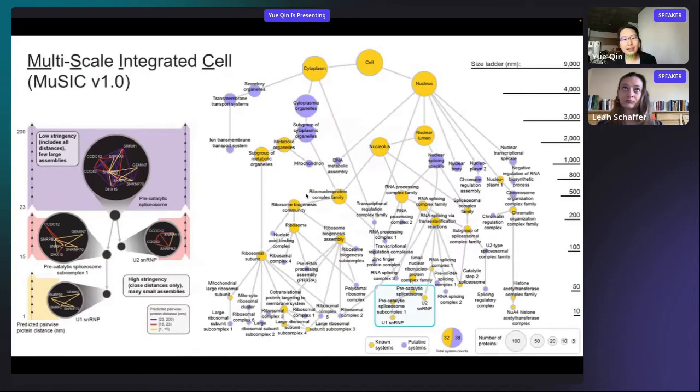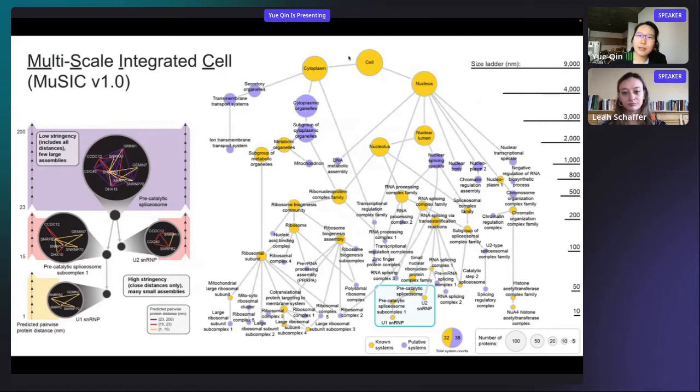By applying this to all pairwise protein distances that we have, this is how we're able to construct version 1.0 of our multi-scale integrated cell map, MuSIC, which is shown on the right. You've probably seen a lot of protein-protein interaction networks where the nodes represent individual proteins and the edges represent the protein-protein interactions between them.